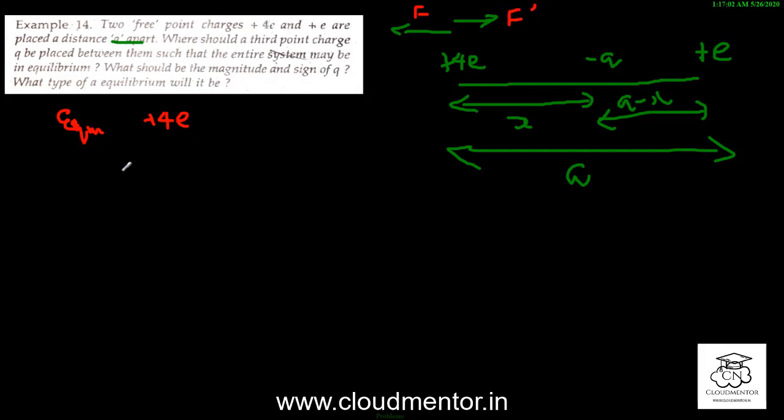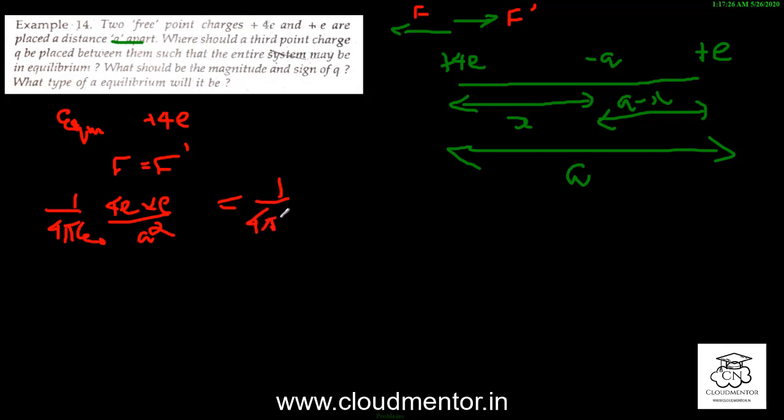Okay, so F must be equal to F dash. So we can do the calculation, that is 1 by 4 pi epsilon 0, 4e multiplied by e divided by the distance a square, must be equal to 1 by 4 pi epsilon 0, 4e multiplied by q divided by the distance x square.